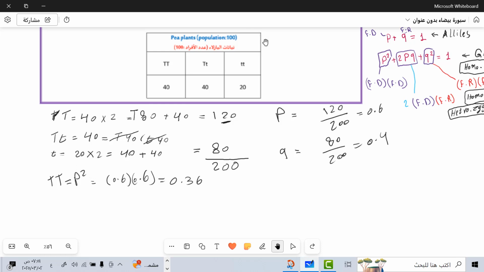If you want T small T small, not this number, you must count the Q and after that make Q square. If you want T capital T small, this means you will write 2 multiply P multiply Q, and after that you use these numbers to bring the total number. I think it's clear now.